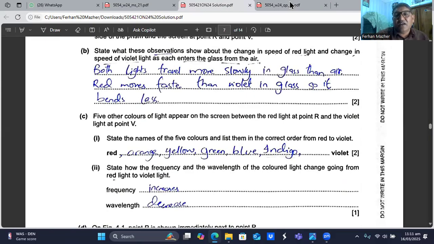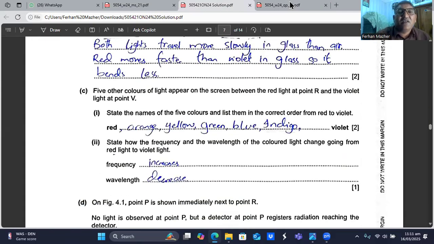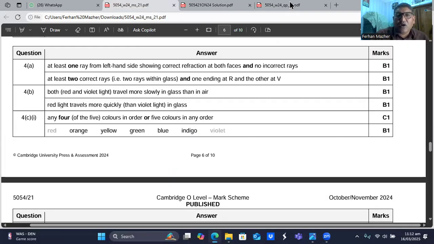You remember, we say ROY G BIV: red, orange, yellow, green, blue, indigo, violet. The mnemonic by which we remember this is ROY G BIV.